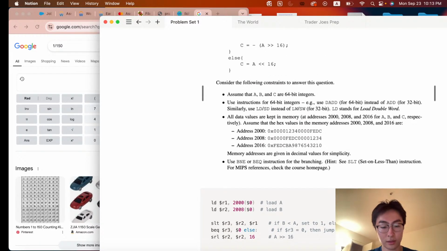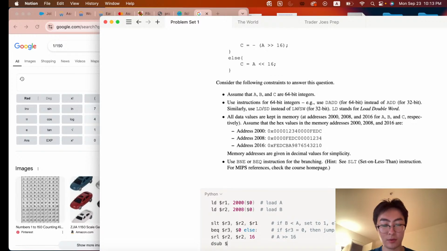Okay, so shift, and then we'll shift A 16 bits, and then we'll also flip this around so it's negative. So shift right logical, and then we'll do B sub.